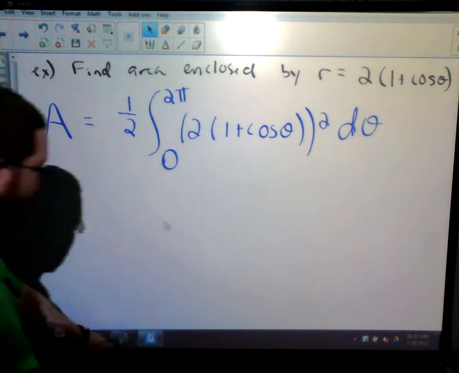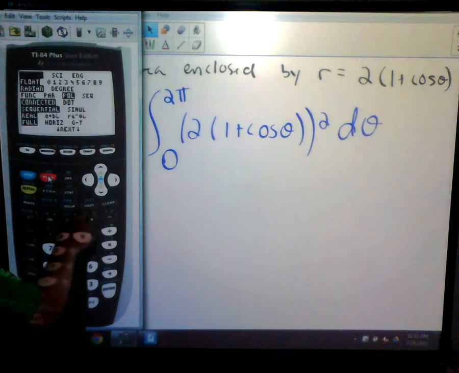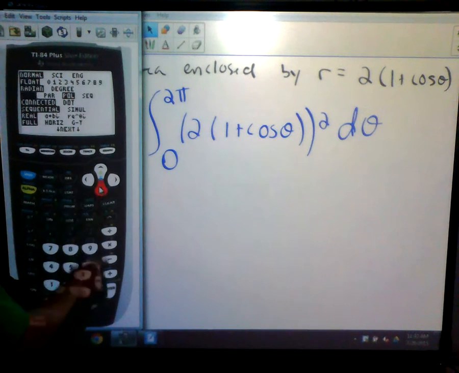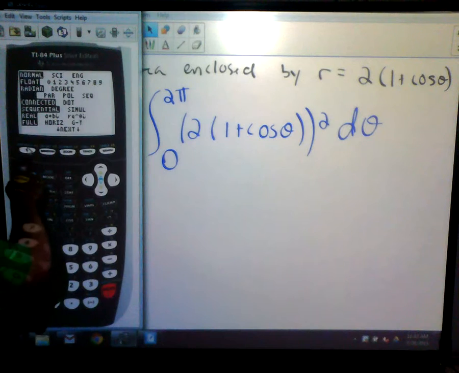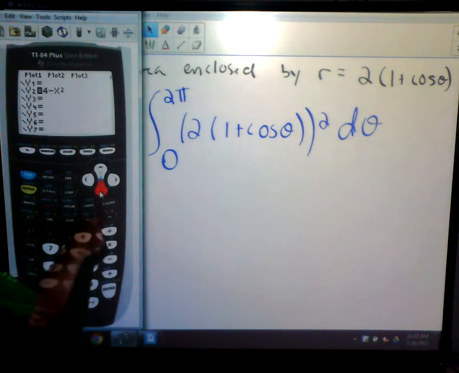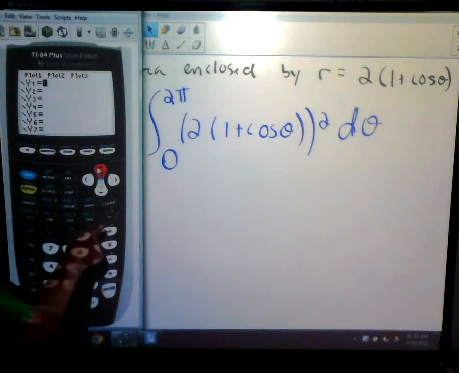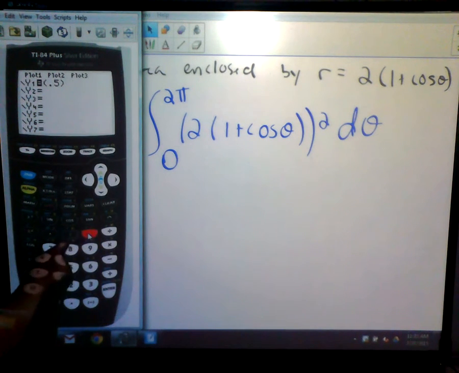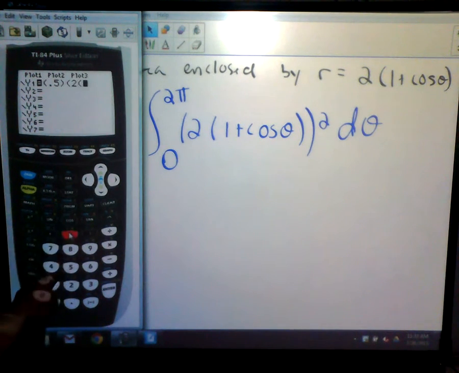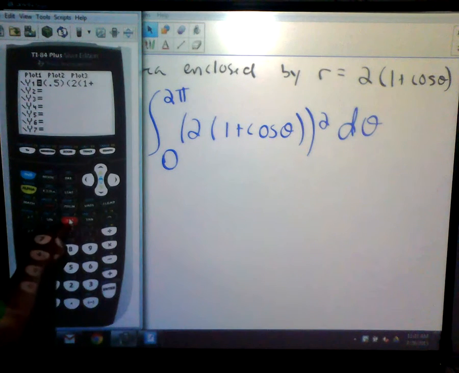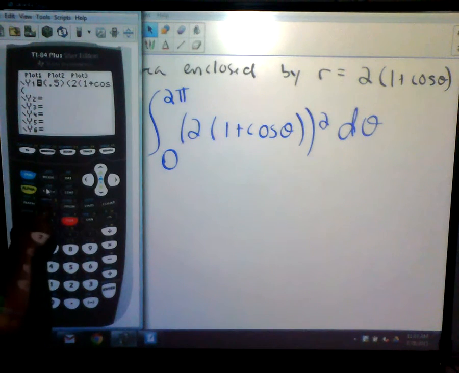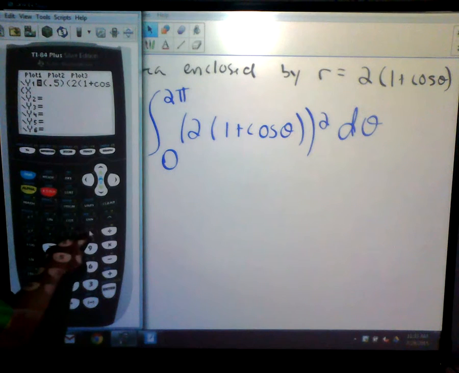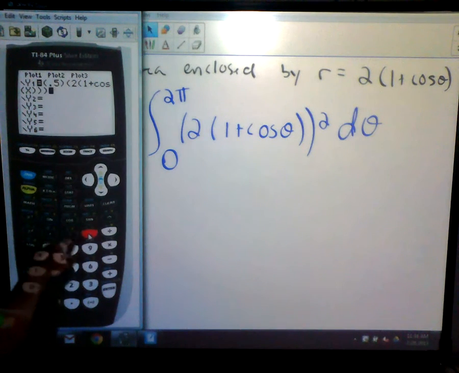Now I'm going to turn my calculator back from polar mode into rectangular mode so that I can do this integral. So I want to integrate. I'm going to go ahead and put the 1/2 in there. Parentheses 2, parentheses 1 plus cosine of x, squared.